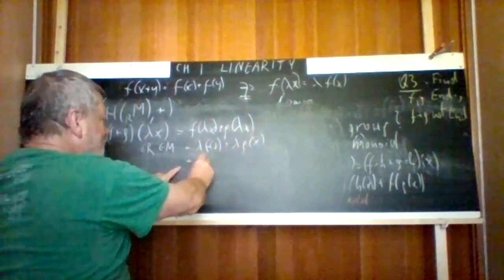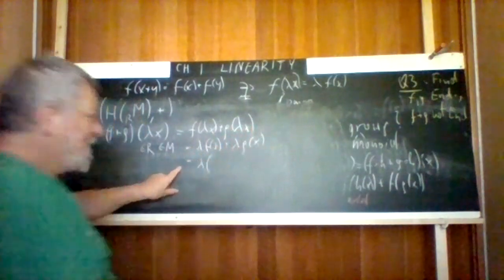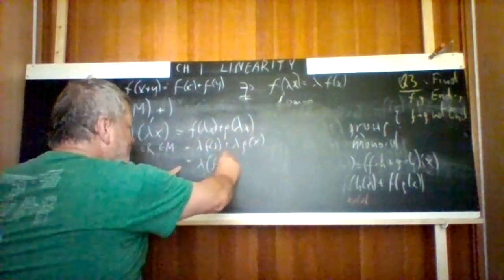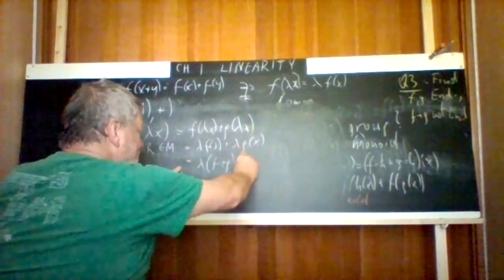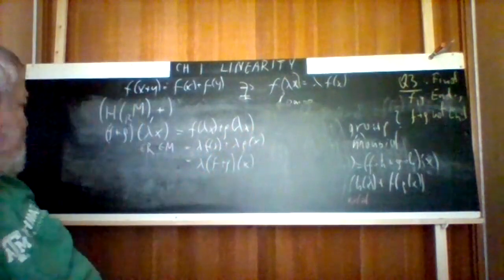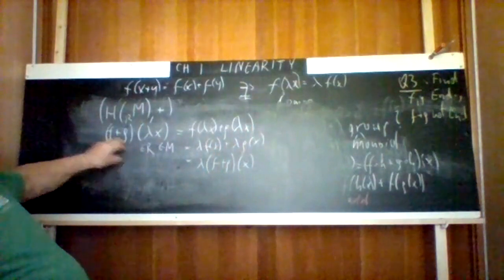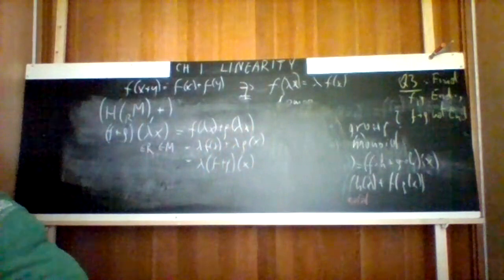And here we can pull out the lambda and write f of x plus g of x, or what's the same, f plus g of x. And so we see, yes, if we can pull out the lambda in f and g, we can also pull it out in the addition.